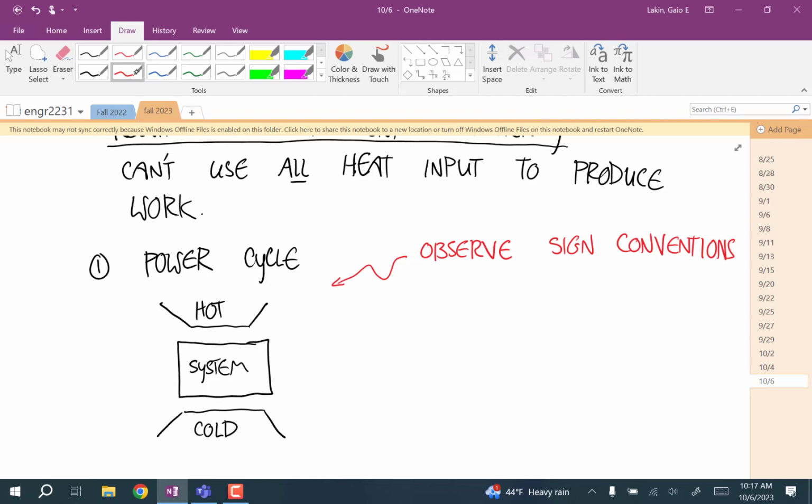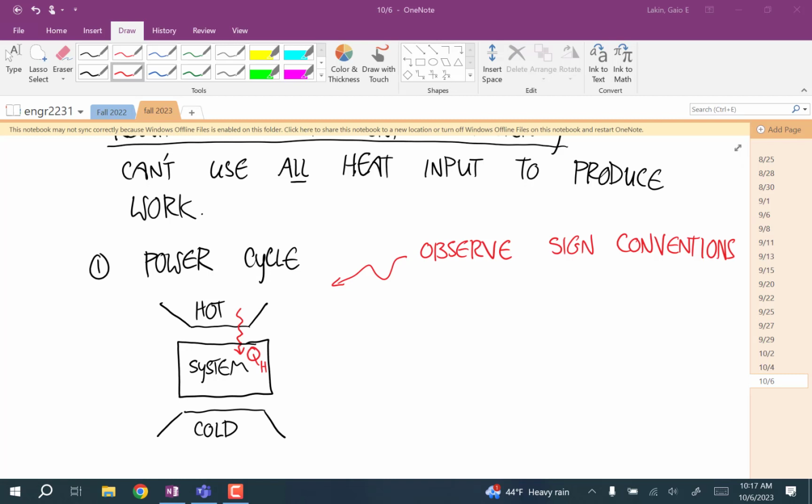Okay, so for a power cycle, you have heat coming in from the hot reservoir to the system. So I'll call that Q sub H, for the hot reservoir. It can be a little confusing: sometimes I call it QH and QL for high and low, and sometimes I call it QH and QC for hot and cold.